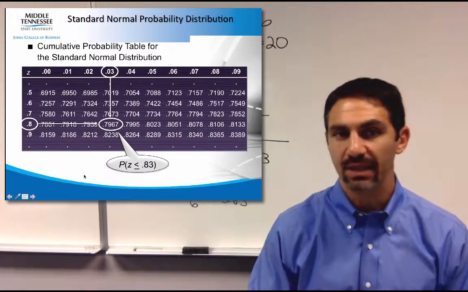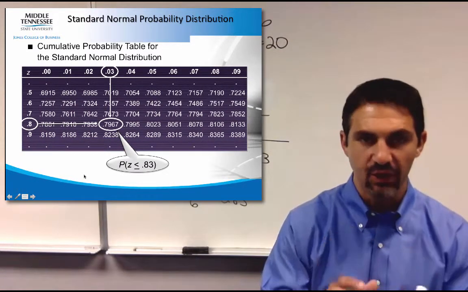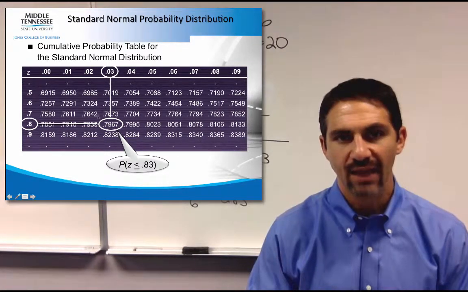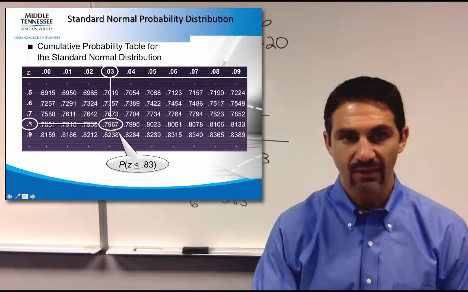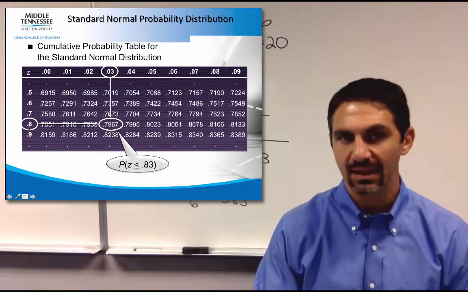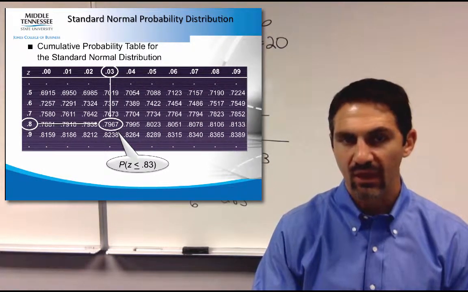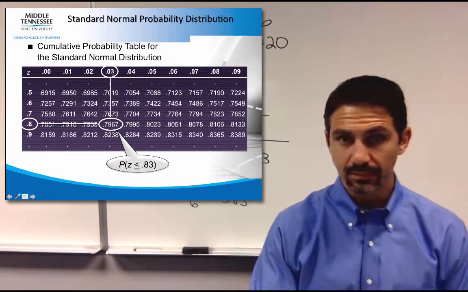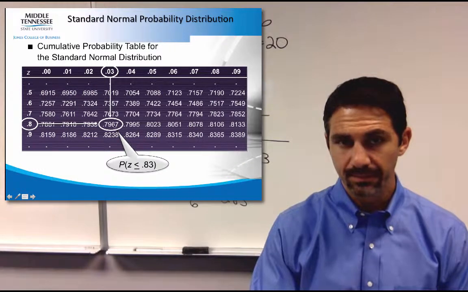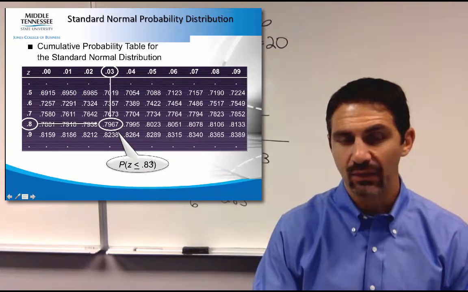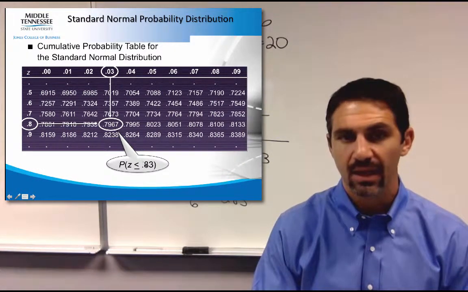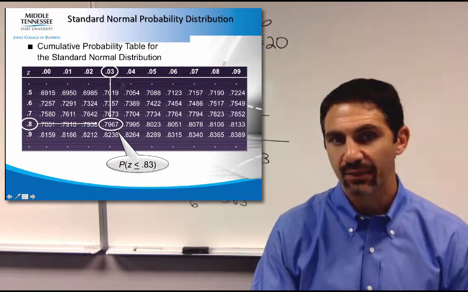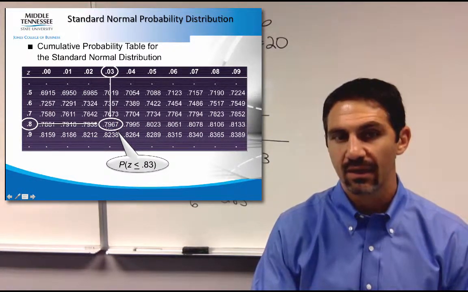If we look it up in the table that's in your book, make sure you can find it in your ebook, you will see that you have a table that goes down to 0.8 on the left side, and then you go over to the 0.03 column, and that is how you find a probability that corresponds to 0.8, which is over here, and then the 3, which is the column for that.